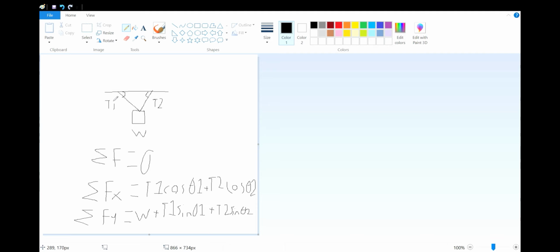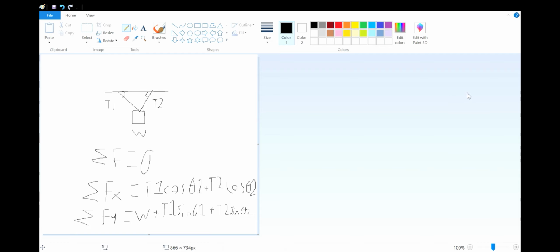We can state that tension 1 and tension 2 are equal to weight equals mass times gravity in magnitude. But because tension 1 and tension 2 are at an angle, their actual force is different than their ordinary magnitude.